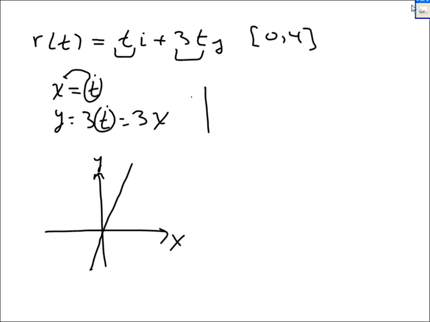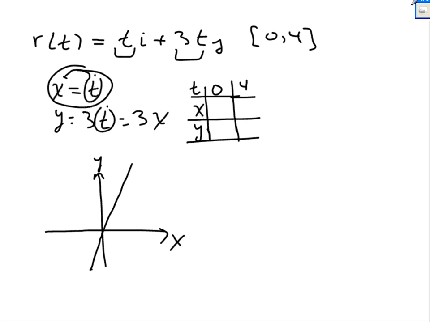Let's make up a little table. Let t be 0 and 4, so we can find the start and the finish, because most probably we're not going to keep this whole line. Remember, whatever t is, that's what x is. So if t is 0, then x is 0, and if t is 4, then x is 4.